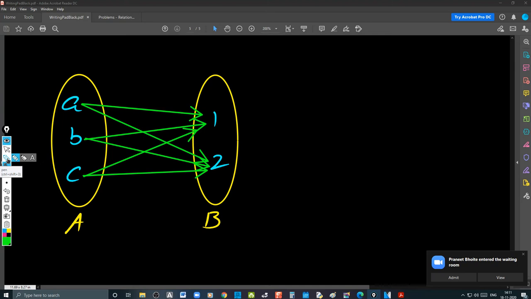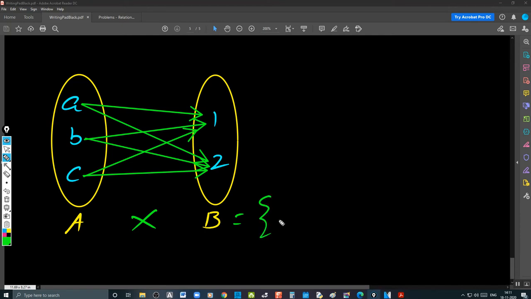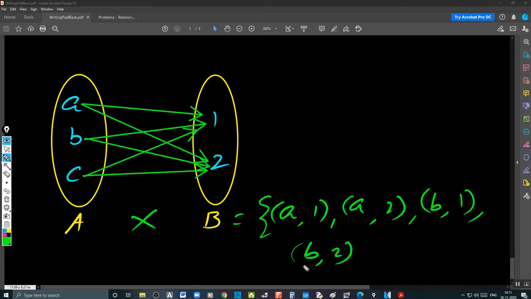The cross product is denoted by A cross B: A1, A2, B1, B2, C1, C2. That's what it is.